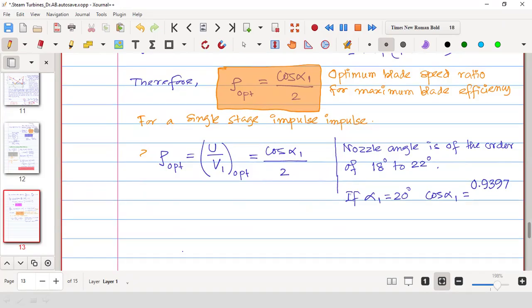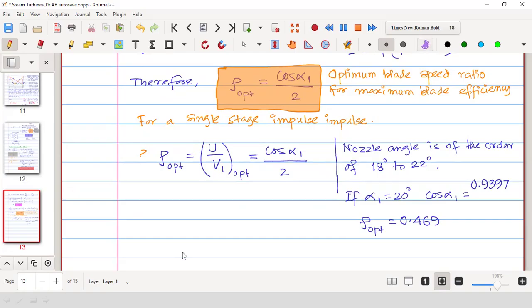In that case, what is rho optimum? Cos alpha by 2 is about 0.47, isn't it? Yes, sir, 0.46947, 469, exactly. So this is the optimum speed ratio for a nozzle angle of 20 degrees.